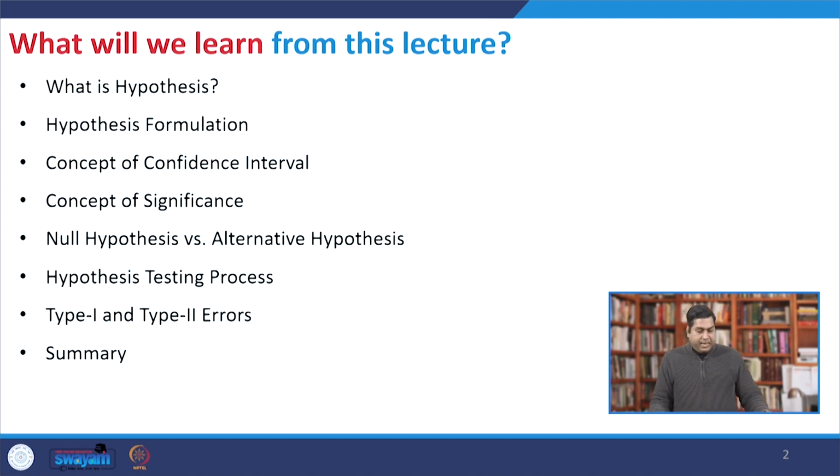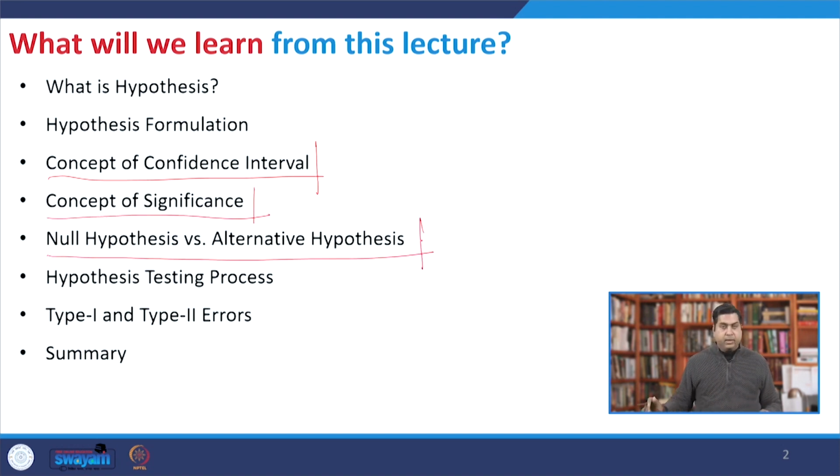Then, when we talk about hypothesis, we also need to understand certain terminologies like the concept of confidence interval, the concept of significance level, and also something very important that we use many times, null hypothesis and alternative hypothesis.